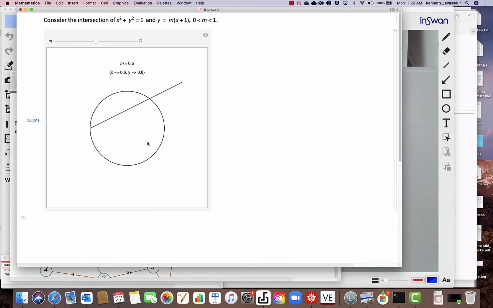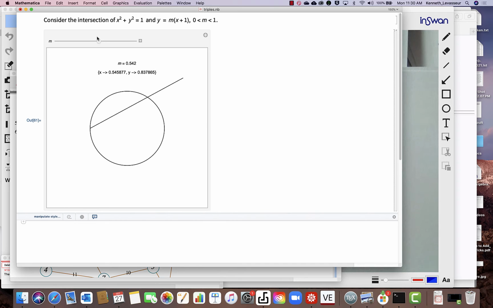As you vary m, the intersection of this line with the circle, besides the constant point -1, 0, is going to be a point in the first quadrant.